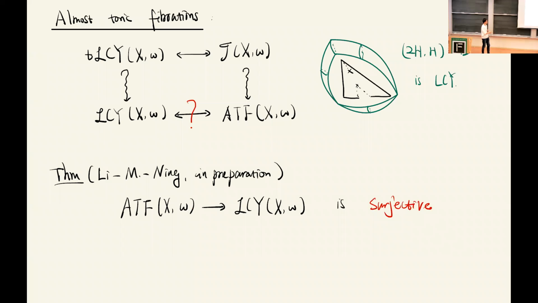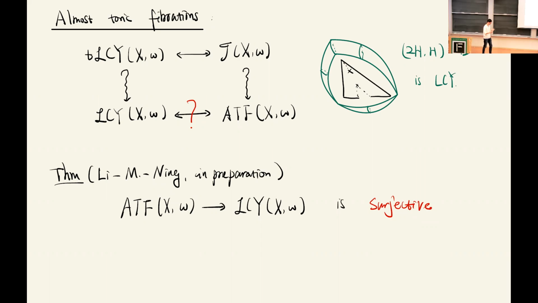And what we can prove here is that this map, which goes from any almost toric fibration, taking its boundary to be a log Calabi-Yau divisor, is always surjective. Okay, so given any log Calabi-Yau divisor D, we can construct some almost toric fibration so that its boundary is that divisor.